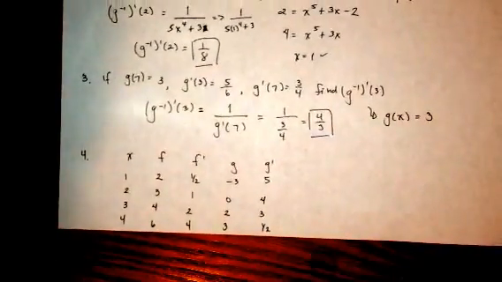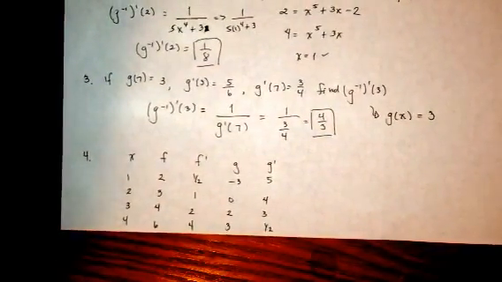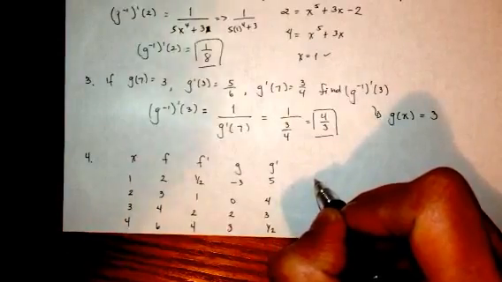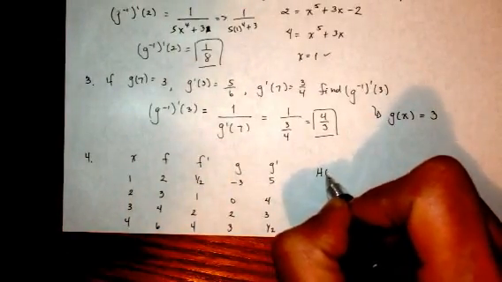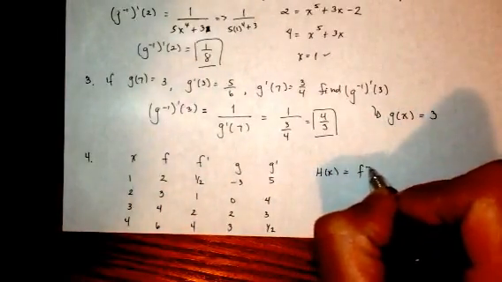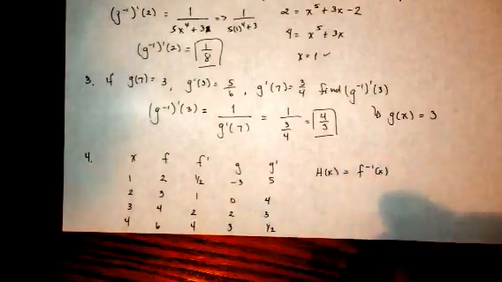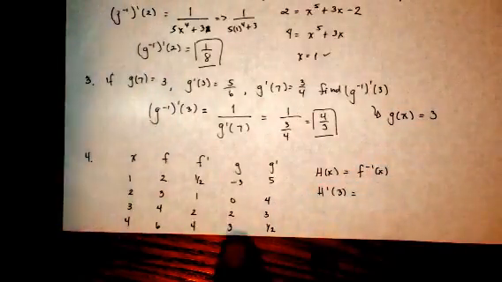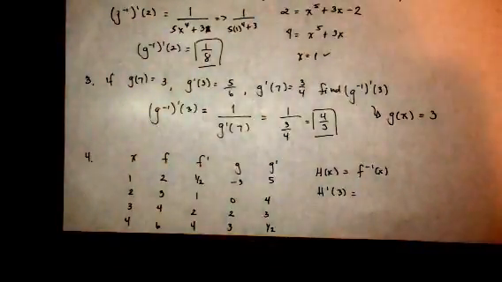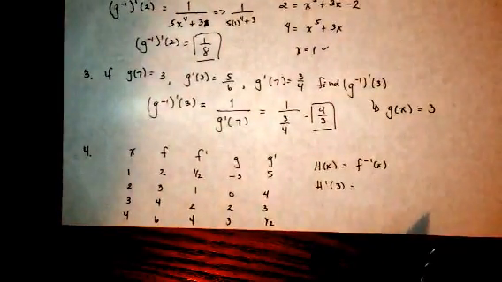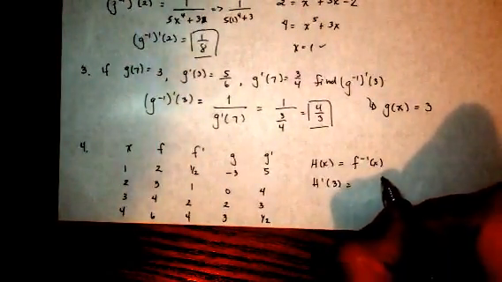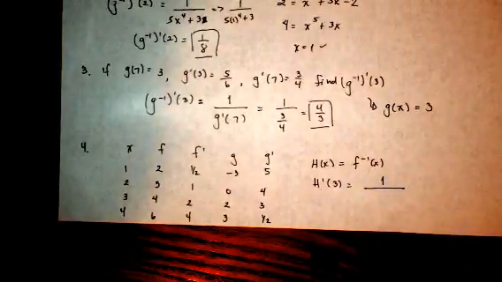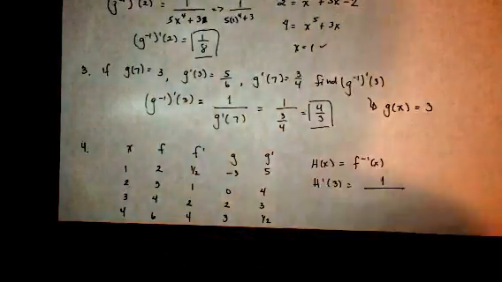The next one here, this is a weird one too. It says h of x, and I have to find h prime of 3. You'll see this kind of problem on the AP exam using tables. So I know it's going to be 1 over the derivative of the original function.